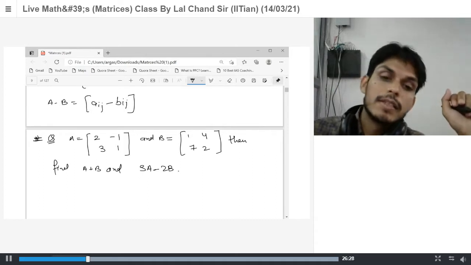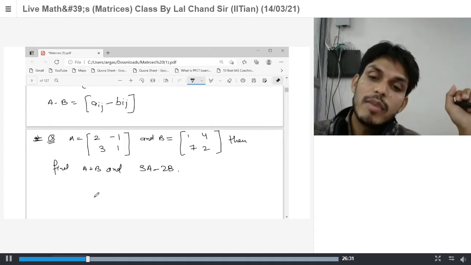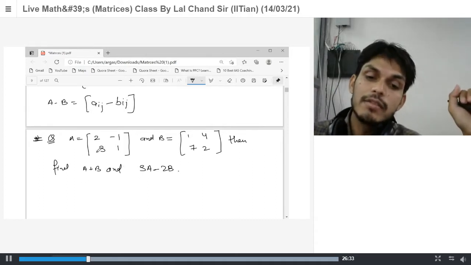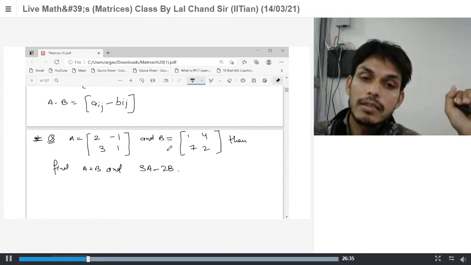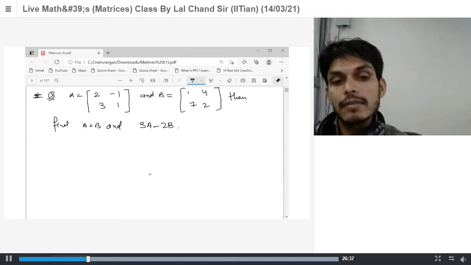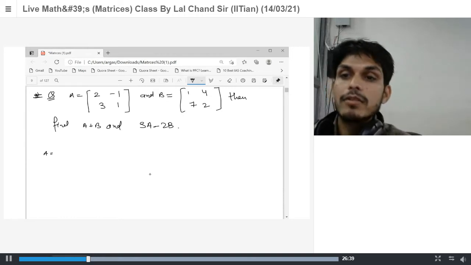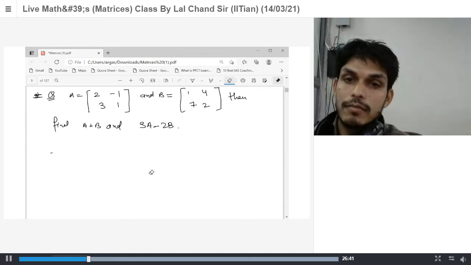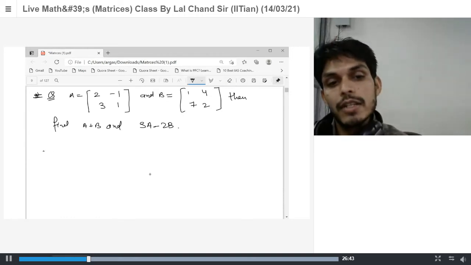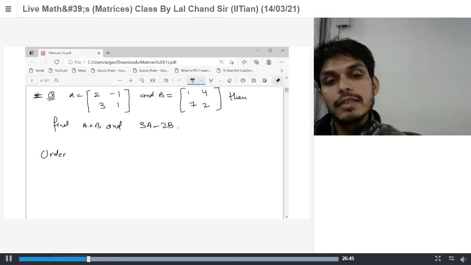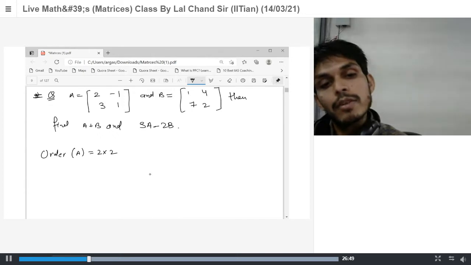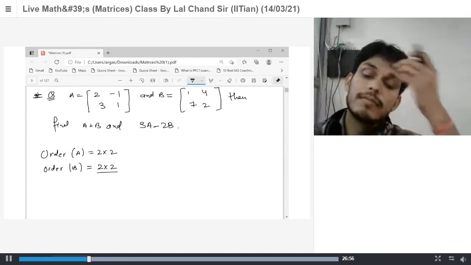First thing, simply we have to add these two matrices. For addition, first we need to check the order of these two matrices. The order of matrix A is 2 cross 2, and the order of B is also 2 cross 2, isn't it?